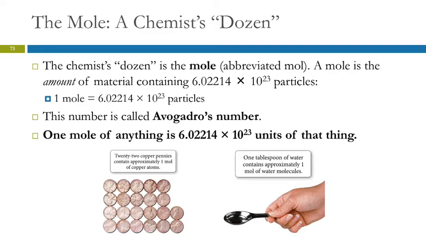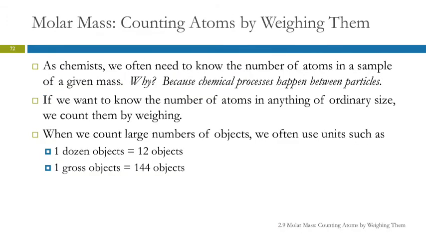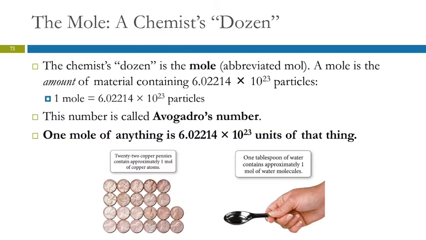So for this word particle, just like for a dozen, what is the object? Well, it's whatever you're looking at, right? Eggs, donuts, whatever. Here, particle, we could use the word object as well. It's Avogadro's number of whatever it is that we're looking at, usually molecules or atoms.